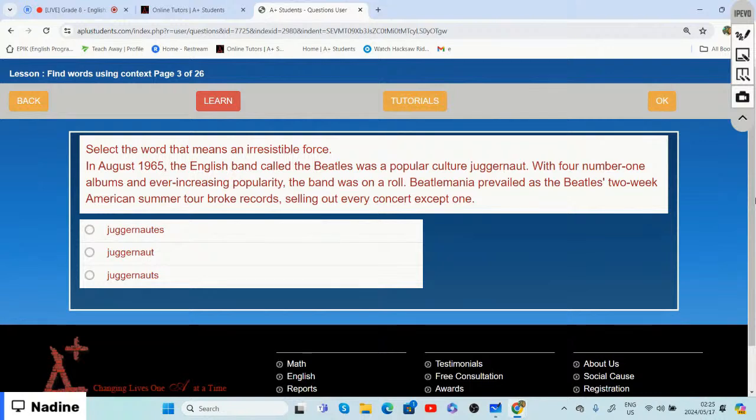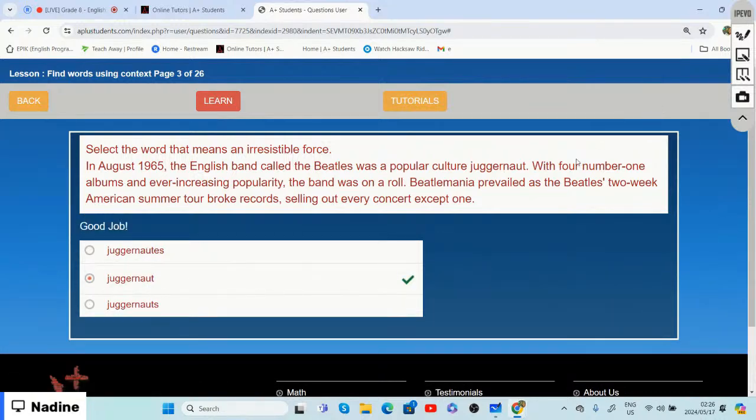We need to select the word that means irresistible force. All right, and if we choose the correct one, we can say the juggernaut. I'm not even sure if I'm saying the word correctly.